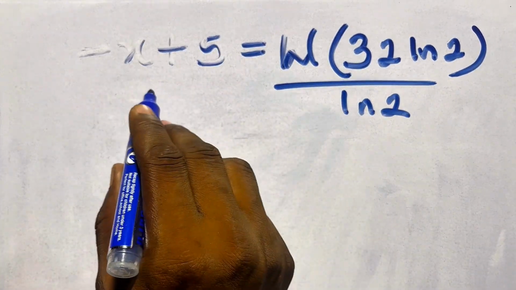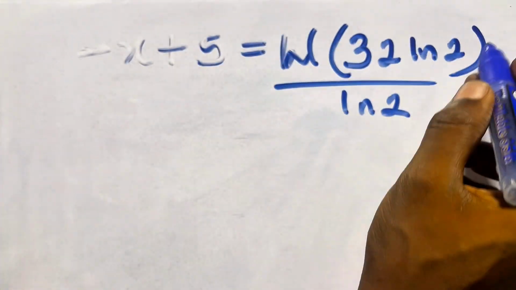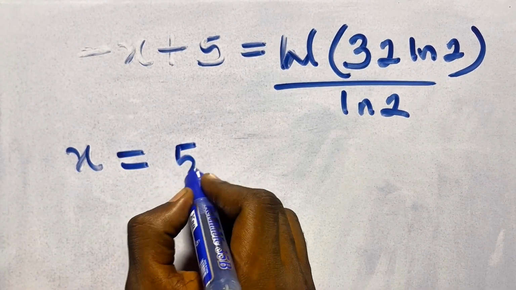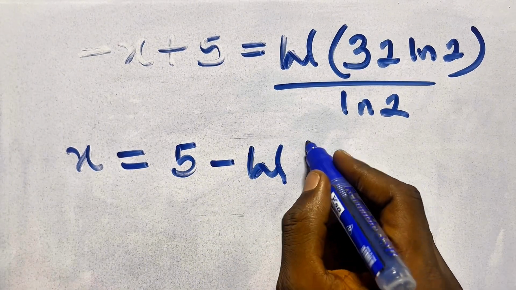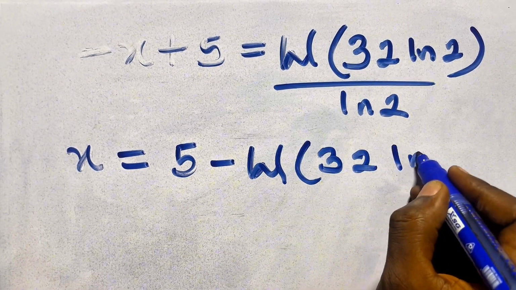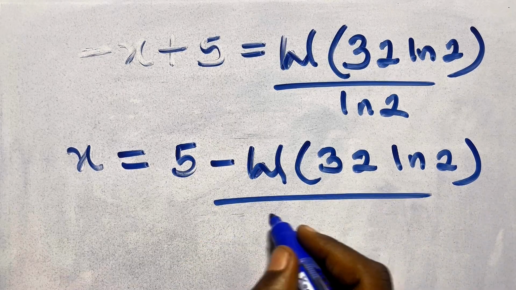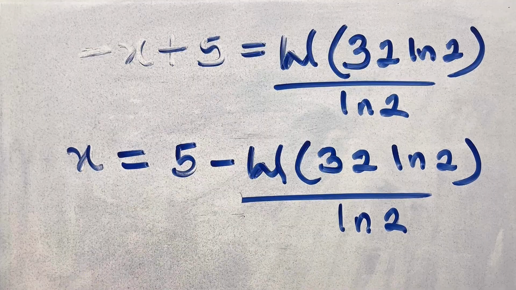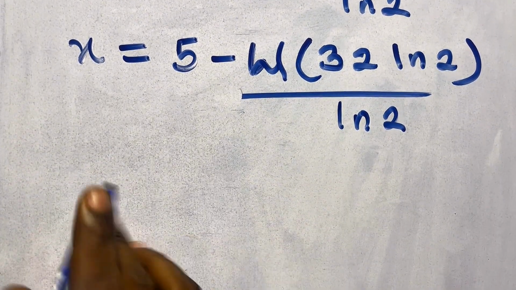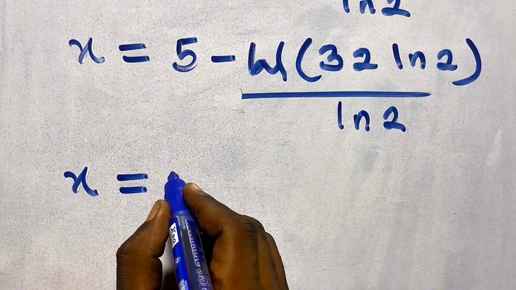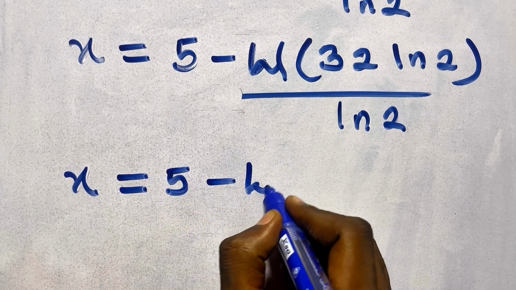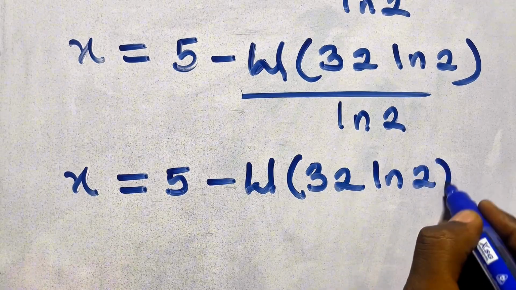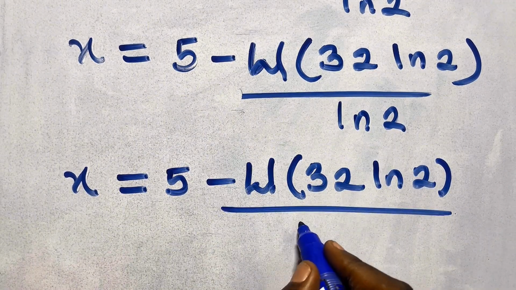If we transfer this to the other side, we have x equals 5 minus the Lambert function of 32 ln 2, divided by ln 2. And therefore, we have our x to be 5 minus the Lambert function of 32 ln 2 divided by ln 2.